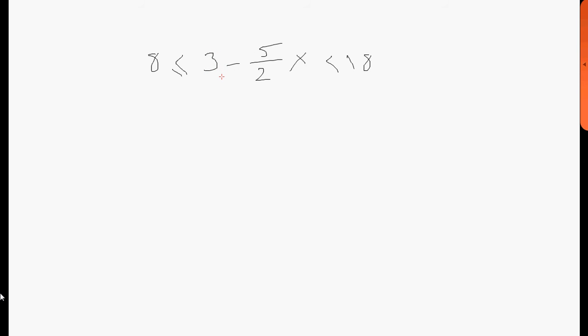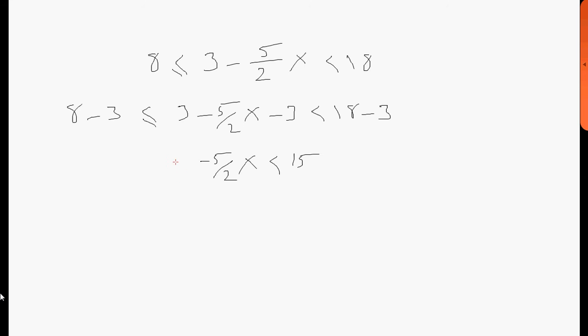I can do that by subtracting 3 from every side. I get 8 minus 3 less than or equal to 3 minus 5 over 2x minus 3 less than 18 minus 3. That gives me -5 over 2x is between 5 and 15.